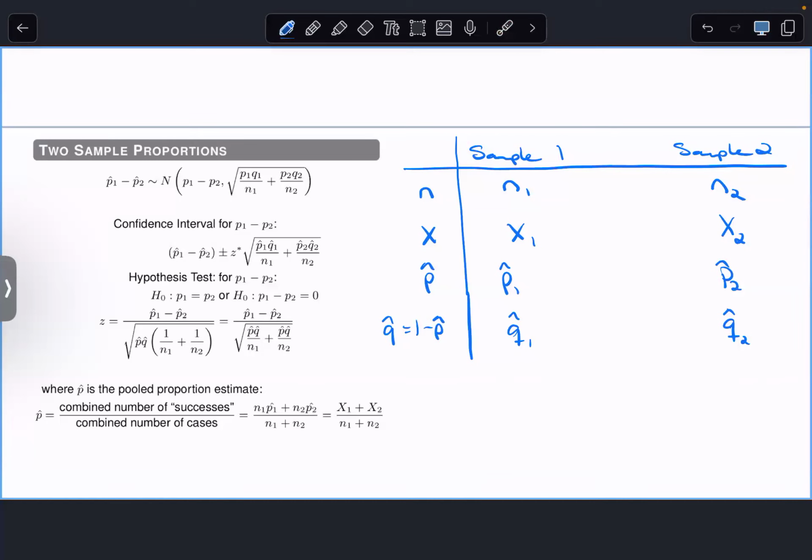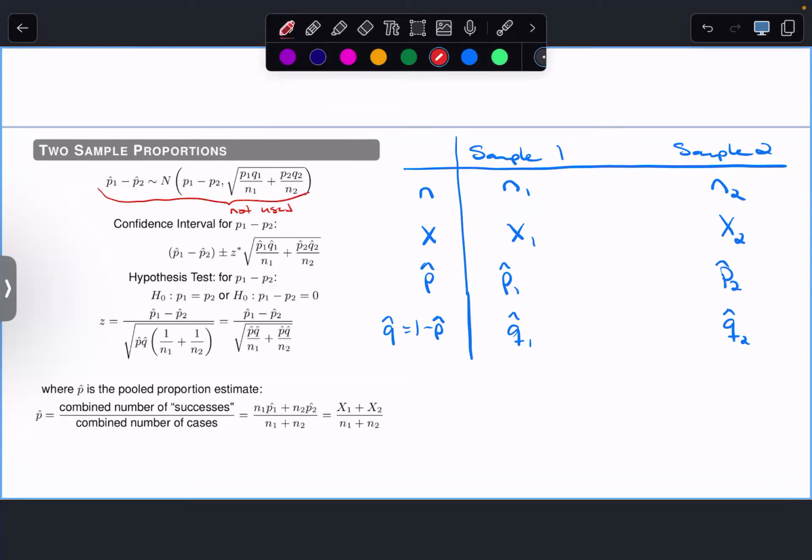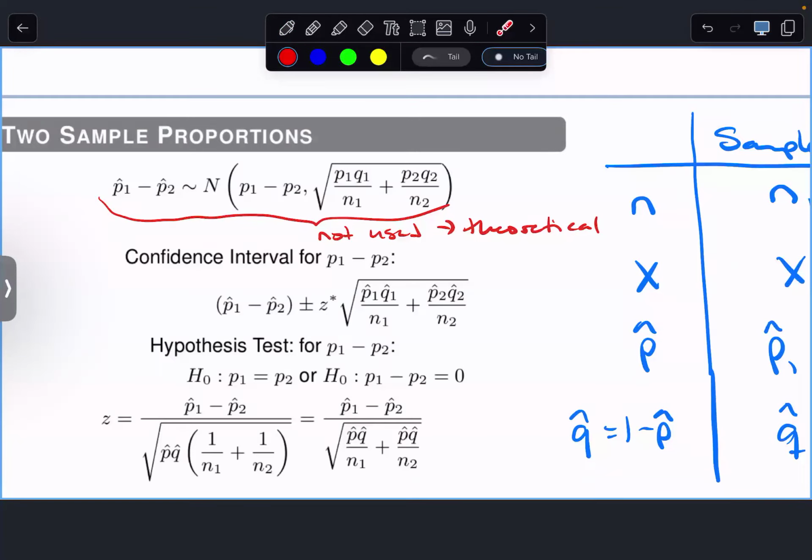This, I'll make a note, is not used. It's just theoretical. So you can ignore that. Let's just talk about it though. Right, what it says is that, so we developed the central limit theorem for 1 sample proportion, and what it says is that it still applies for the difference in 2 sample proportions.